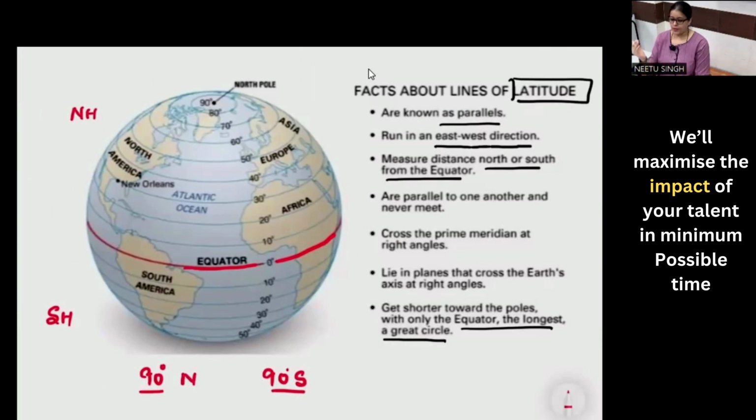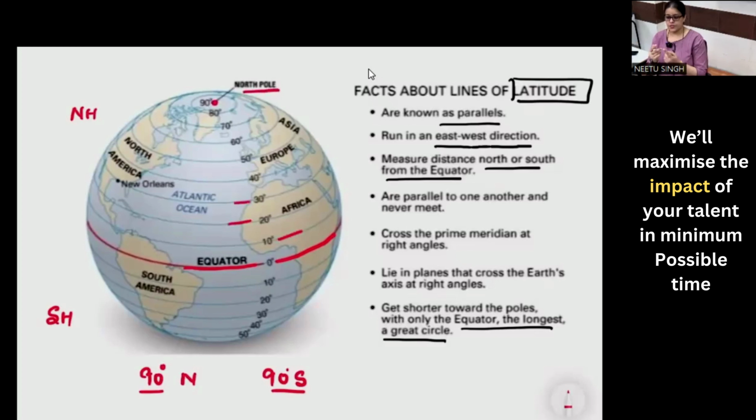Latitudes which are parallels are always equidistant, and that equidistance we have to take into account in a minute. Carefully notice it as I take the distance from equator, that is from 0 degrees to 10 degrees to 20 degrees to 30 degrees, and I have reached 90 degrees.